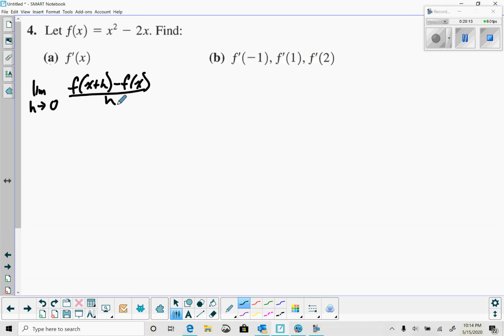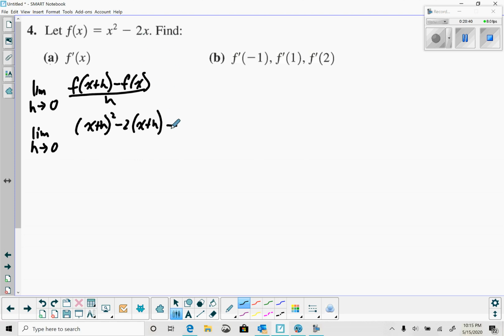So applying it to this particular function, we're looking for the limit as h approaches 0 of, so now I have to take x plus h and put that in our function everywhere there's an x. So that's x plus h squared minus 2 times x plus h. And then I have to subtract f of x. Be careful.